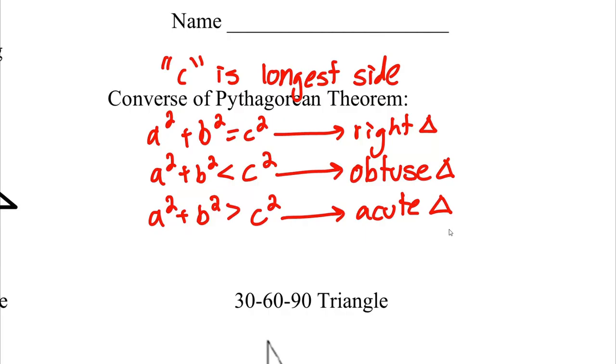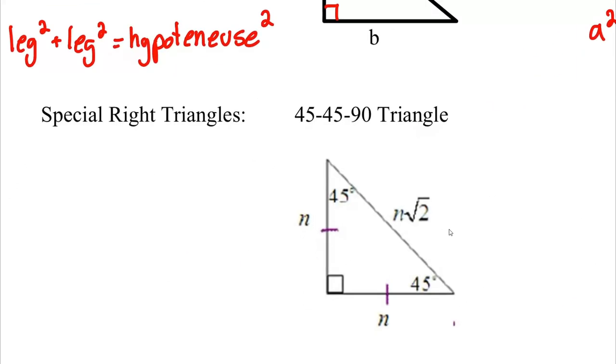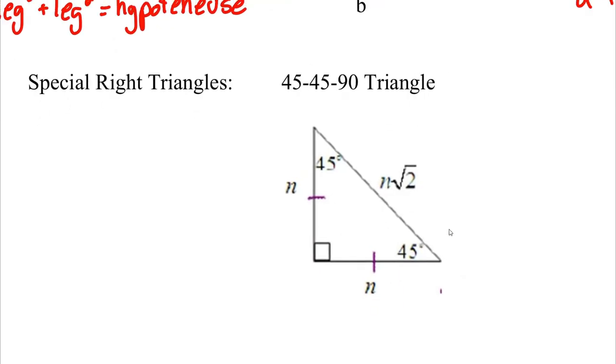Alrighty. So we also have what we call special right triangles, and we have two of them. The first one is a 45, 45, 90. Do we see how both the legs here are n? So the way we can solve this is with the Pythagorean theorem. n squared plus n squared equals the hypotenuse, which is c squared.